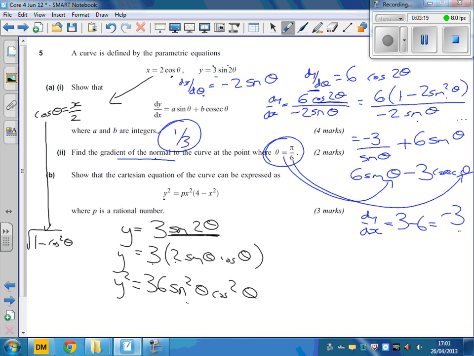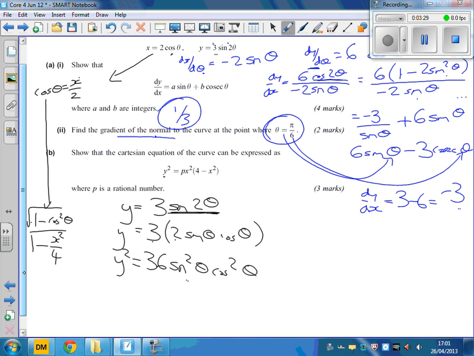We don't need to square root it because we actually want a sine squared, so all I'm going to do is go for 1 minus this thing squared, and that's what the sine squared theta would be. Let's put them in. 36. Sine squared theta is that thing there. Cos squared theta is this one over here squared.